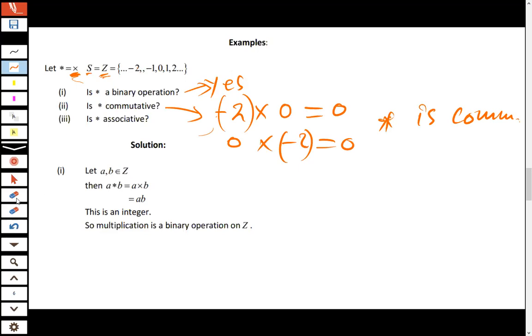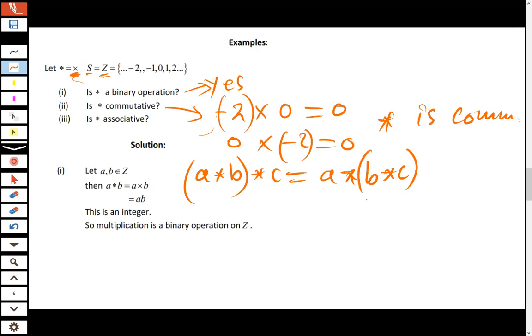Okay, so let's move on to associative. When you talk about associative, remember I said you look at the arrangement of brackets, where (A star B) star C should be equal to A star (B star C). So you start with the left-hand side, you try it.